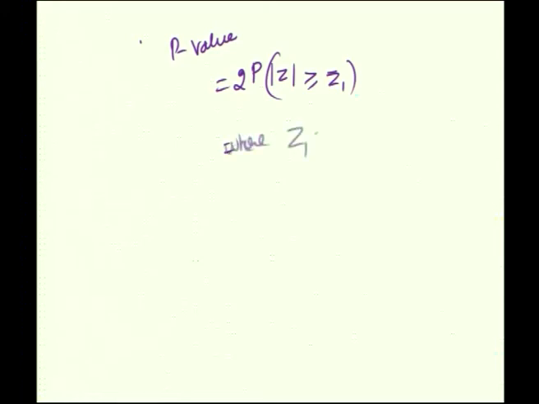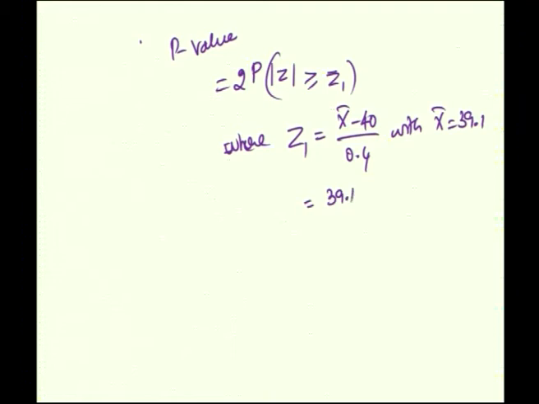Next, the p value of the statistic. The p value of the statistic is P of modulus of Z greater than or equal to the computed Z value Z1. Because of symmetry, we have 2 times, because of the modulus. Here Z1 is equal to x bar minus 40 by 0.4, with x bar equal to 39.1.